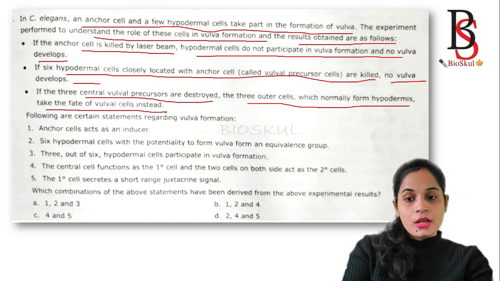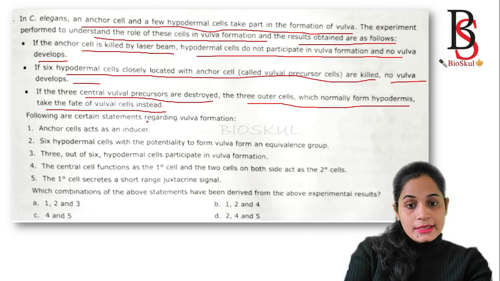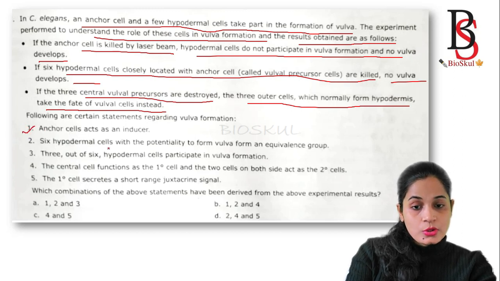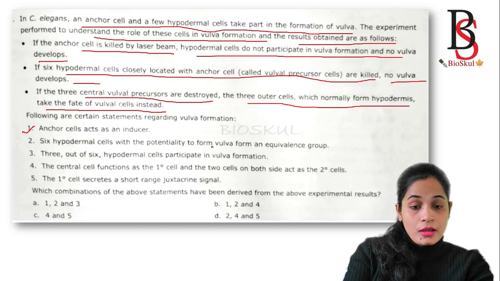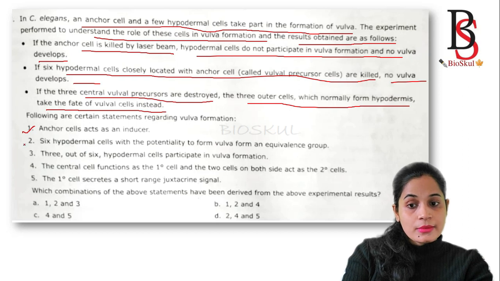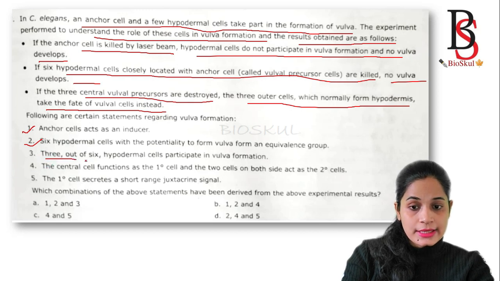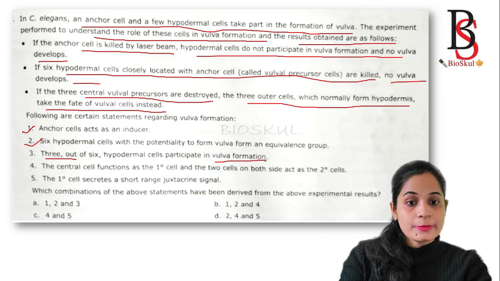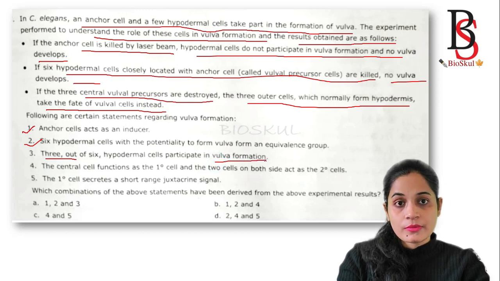Okay, these are given. Following are the certain statements regarding vulval formation. Anchor cell acts as an inducer. Yes, it acts as an inducer. 6 hypodermal cells with the potential to form vulva form an equivalence group. Yes, 6 hypodermal cells form the equivalence group. 3 out of 6 hypodermal cells participate in the vulval formation. Yes, 3 participate in the vulval formation, and the other 3 form the hypodermal tissue.